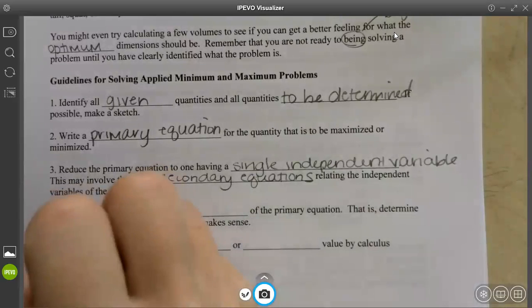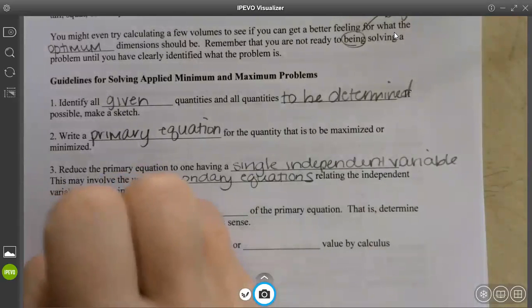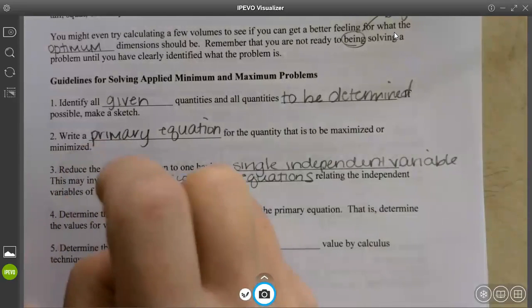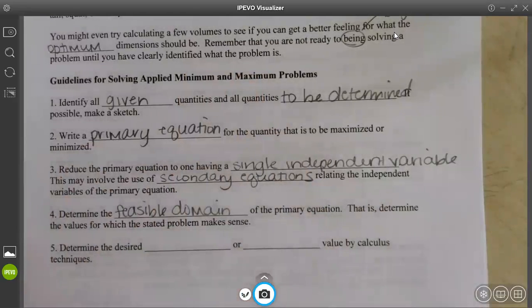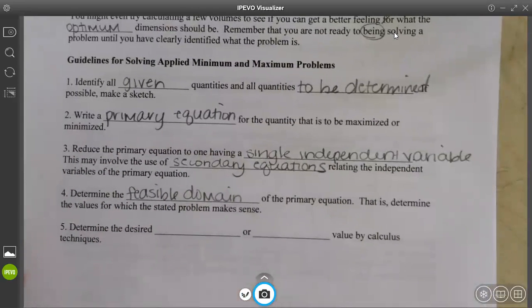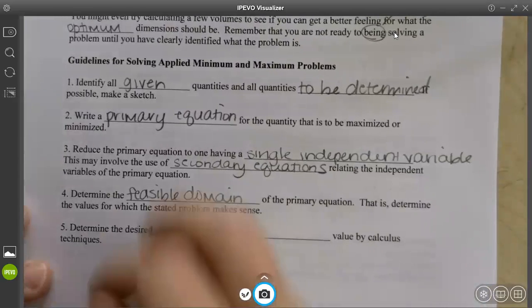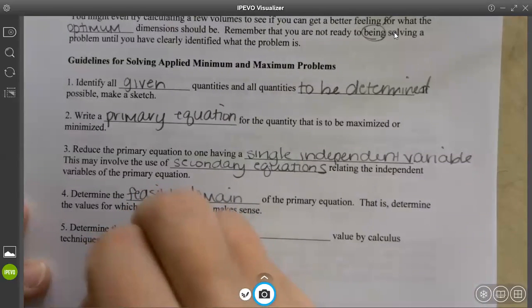Determine the feasible domain of the primary equation, that is, determine the values for which its stated problem makes sense. And then determine the desired maximum or minimum value by calculus techniques.